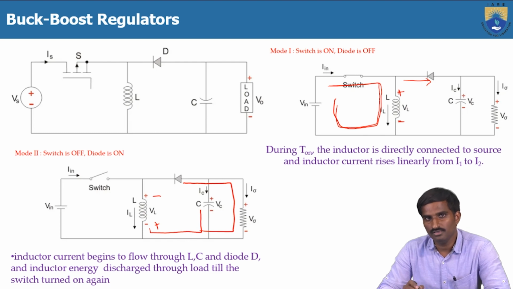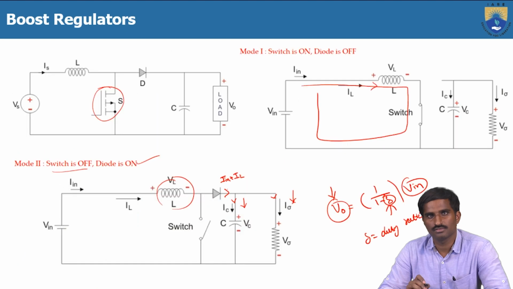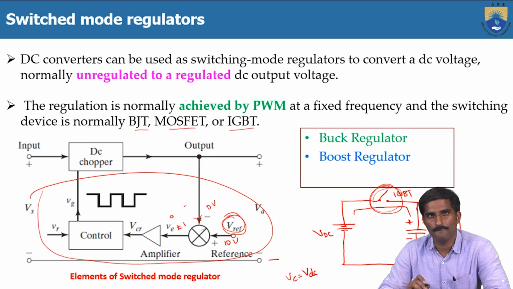But in switched mode regulators, we cannot get a regulated power supply if we use a thyristor as the power semiconductor device. Unlike in the normal DC to DC converter, in switched mode regulators we must use a BJT, MOSFET or IGBT.